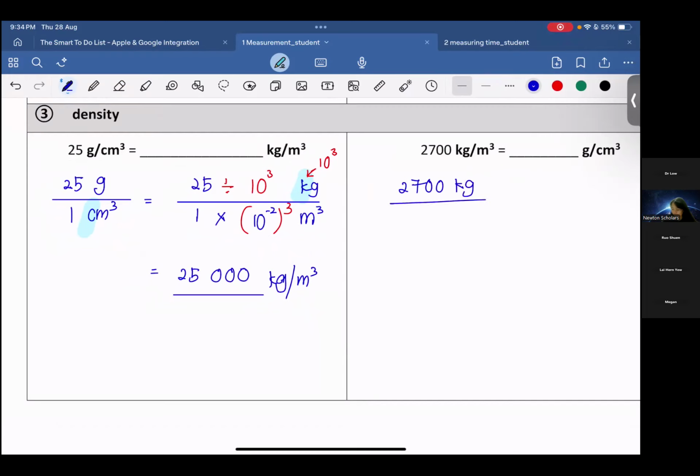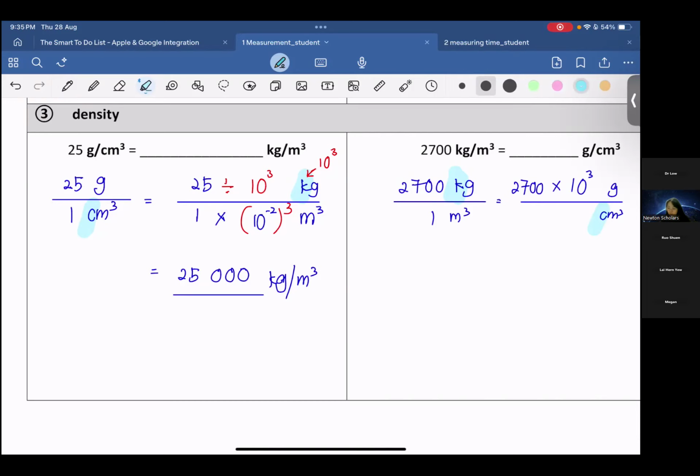2,700 gram per 1 meter cube equals how many gram per cm cube? Where is your prefix? Highlight it. K. What is your K? 10 power of 3. So it's 2700 times 10 power of 3. Then 1 meter cube to cm cube. Don't forget your prefix is at the back.